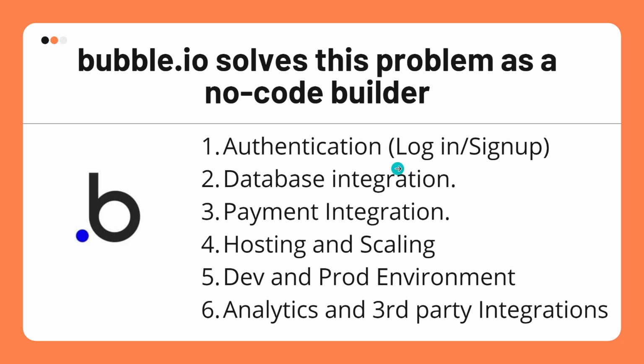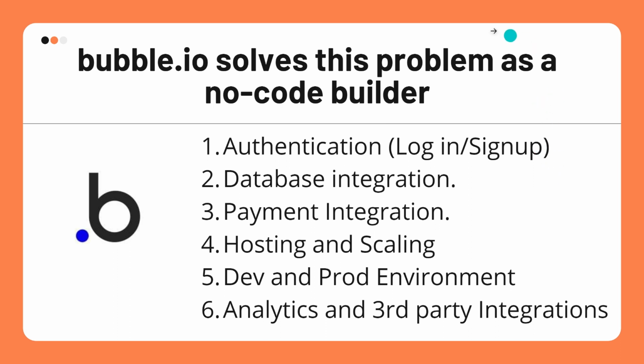By no code, I mean just using drag and drop interfaces and connecting few things. You will be able to build a complete app that can serve hundreds and thousands of users. Of course, there are limitations to what you can build with bubble.io, but once you realize the potential, you will see that at least 90 to 95% of the websites that you see in the world can be built with Bubble.